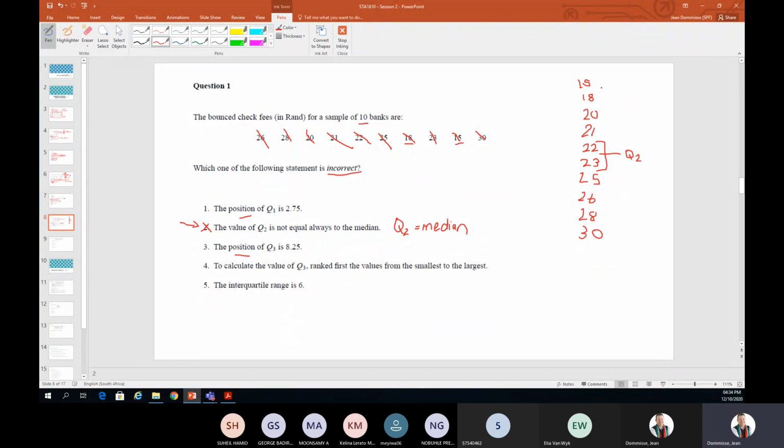Okay, so how I look at it is to say, well, between those two you have Q2, which is normally easier for me to do this way.